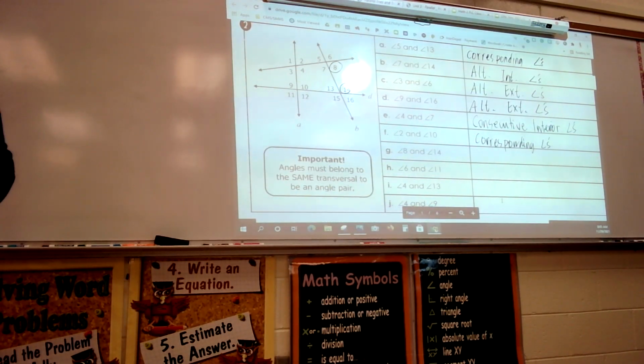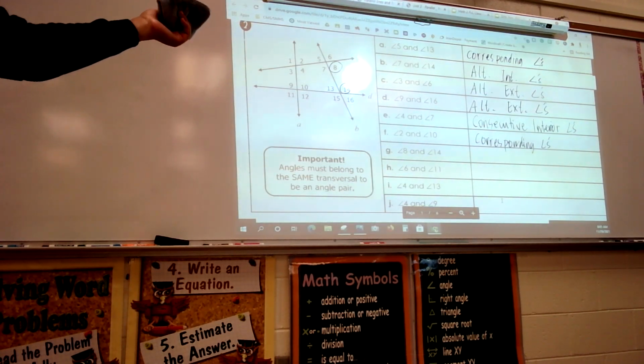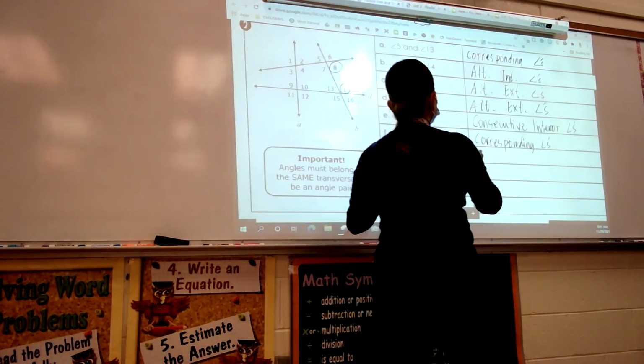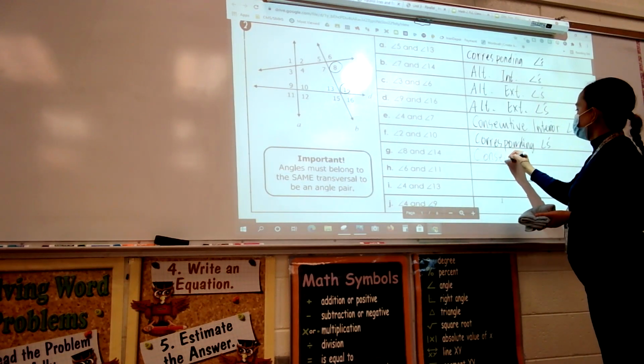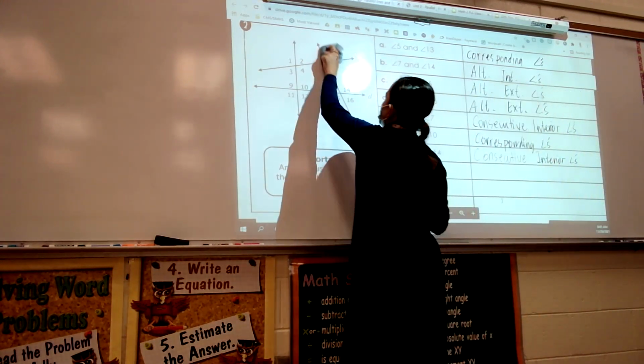Are they exterior? No, they are interior. But what relation do they have? Consecutive interior. Very good. Consecutive interior angles. Very good.